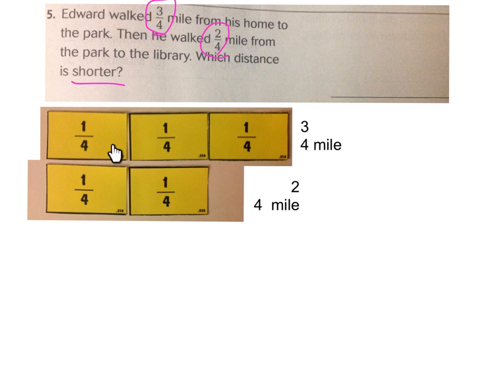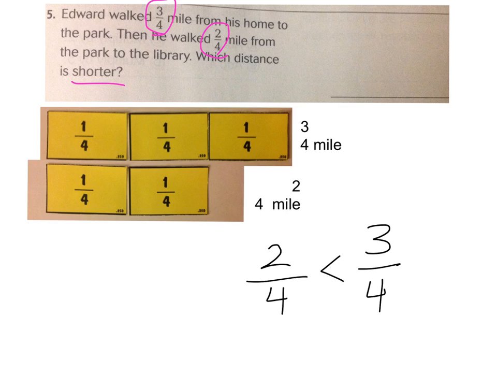Lining up the 3/4 strips and the 2/4 strips, I can see that 2/4 is shorter than 3/4. To compare, I can say 2/4 is less than 3/4. So 2/4 of a mile is shorter.